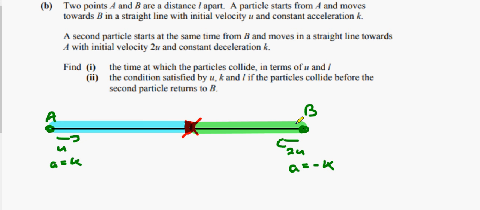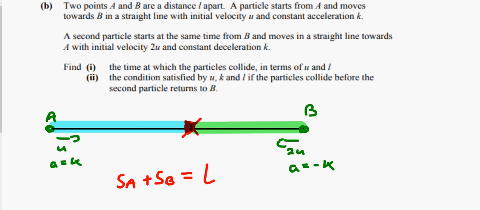The distance travelled by B before you collide. Would you agree with that? So what's the formula that links the two of them together? SA plus SB equals what? L. There you go. That's your formula that links everything together.